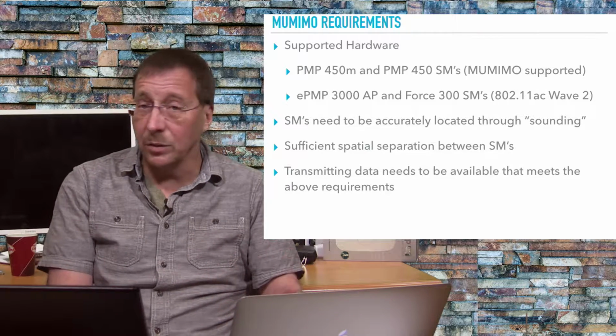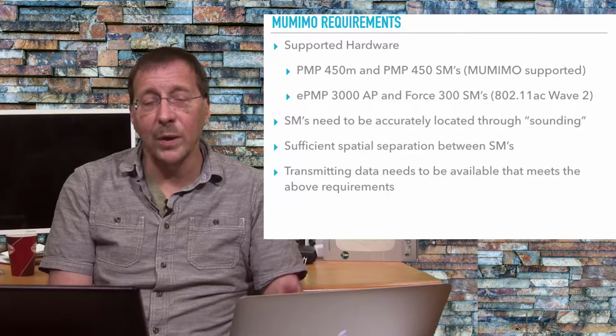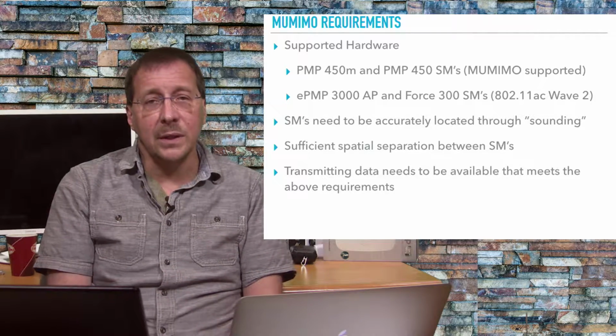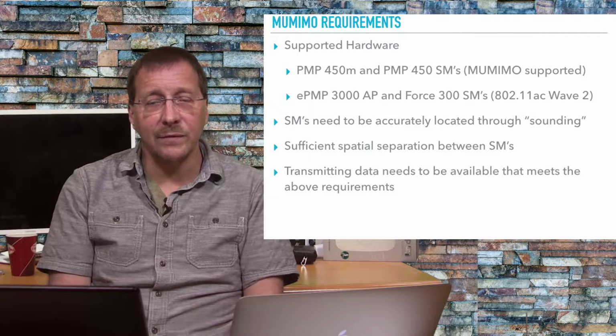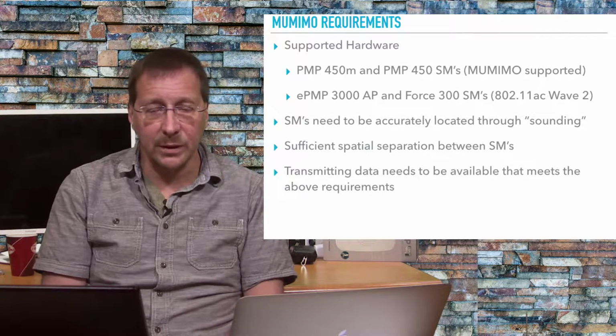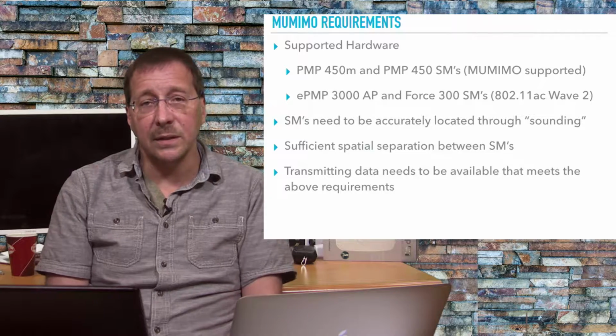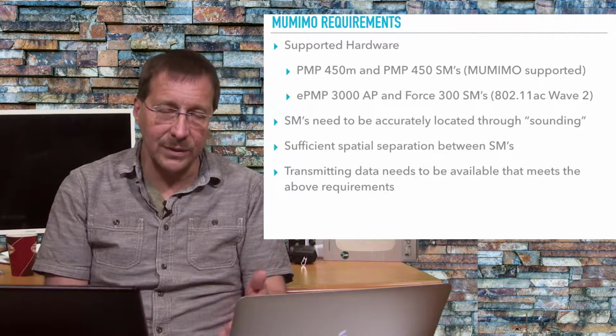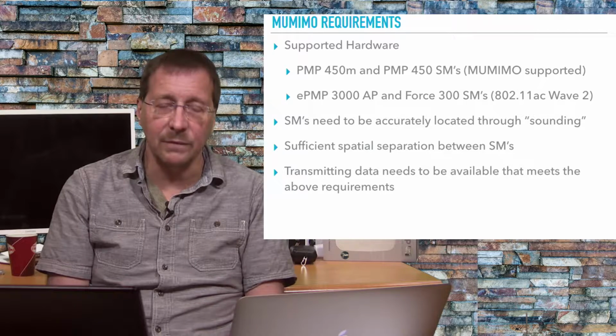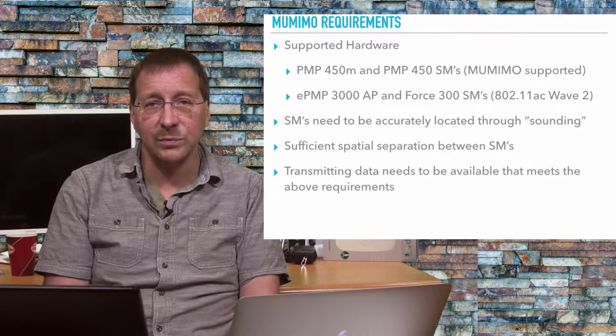Wave 1 did not have multi-user MIMO, Wave 2 does. So the ePMP product requires that Wave 2 ac product line, which is available in the 3000 product as well as in the 3000 series SMs, and the first ones of those are called Force 300s.